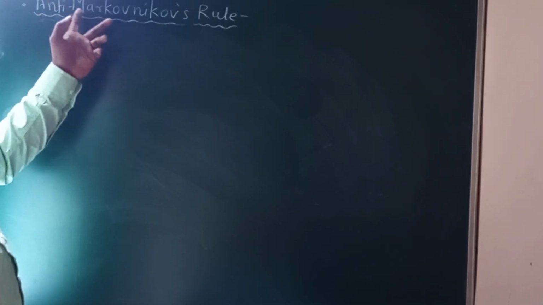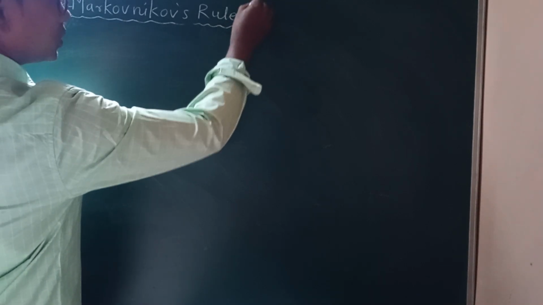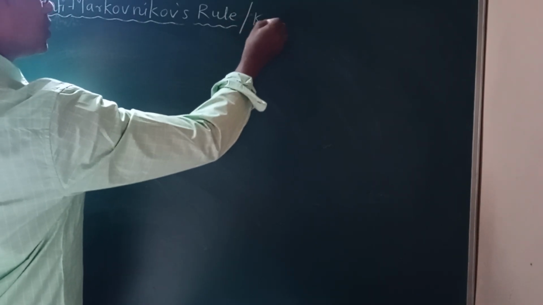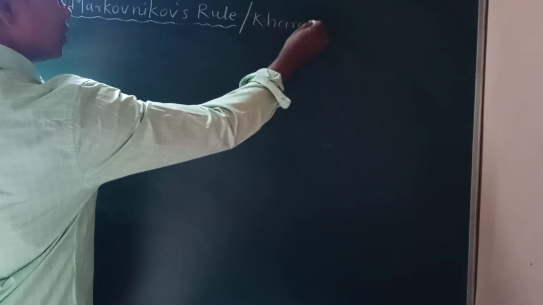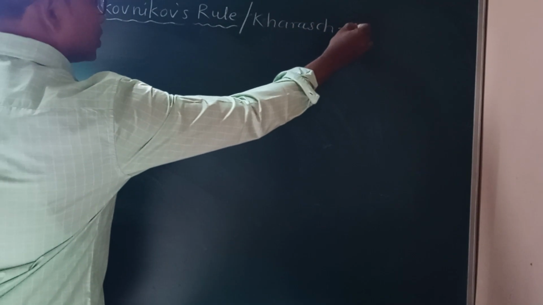It's an anti-Markovnikov's rule. It clearly indicates that this addition of HX is going to take place in the opposite manner to Markovnikov's rule. This rule was studied by the scientists M.S. Kharasch and F.R. Mayo.